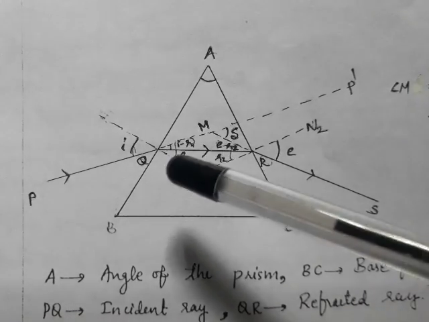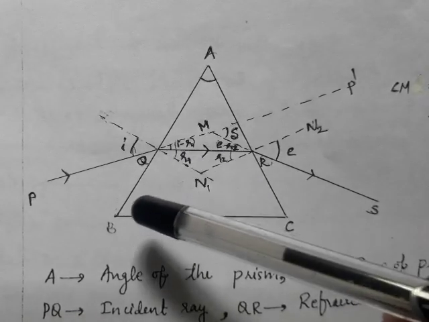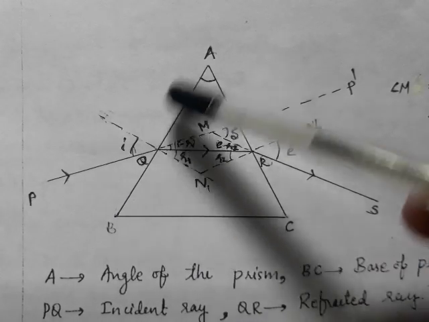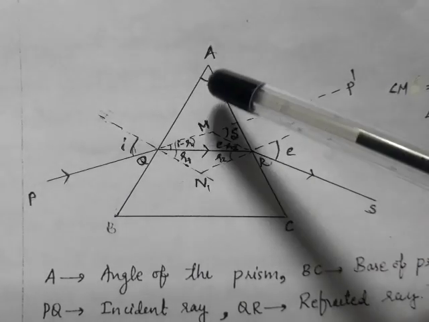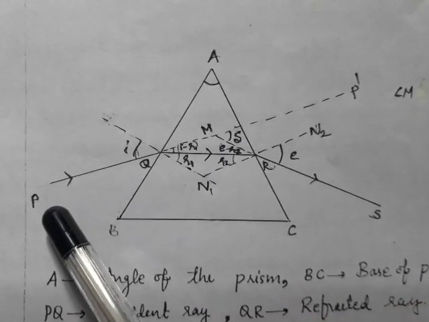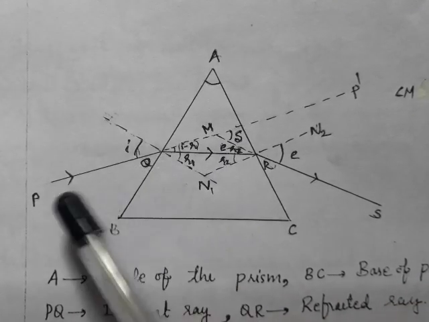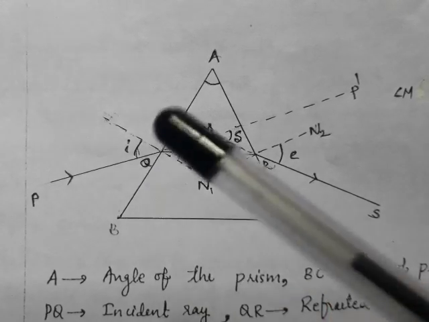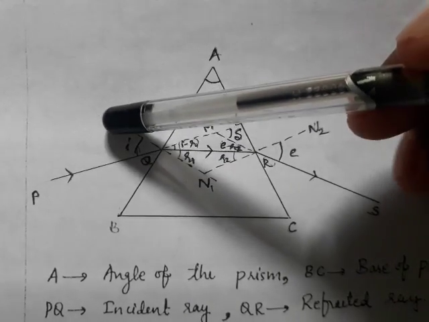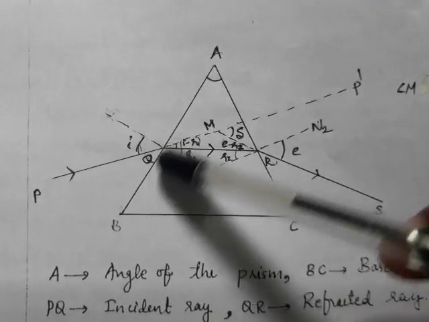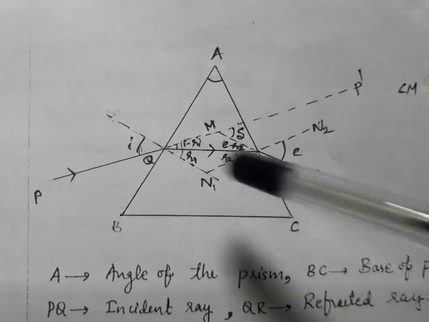Now we consider the triangular side of the prism. That means ABC only we consider. This is the angle of the prism A. Let a light ray come, light ray is PQ, incident light ray. It falls on the prism and here is the normal at this surface AB.